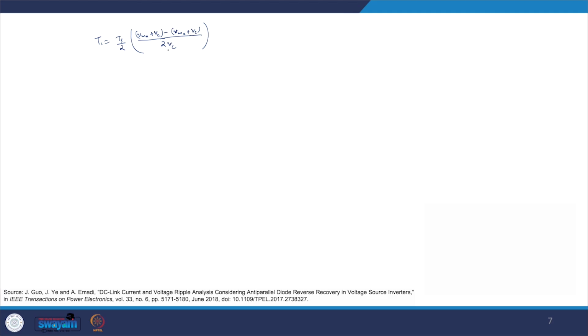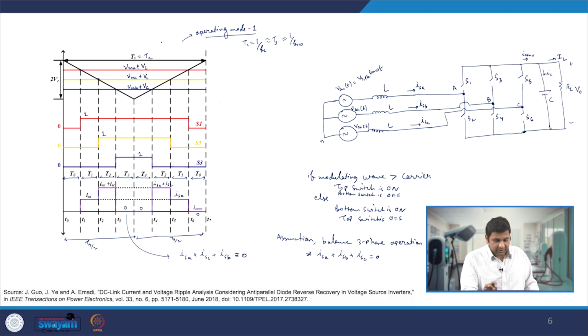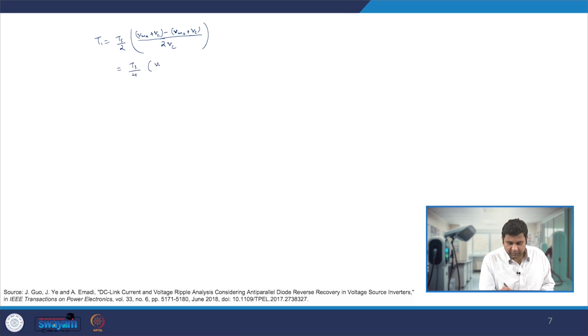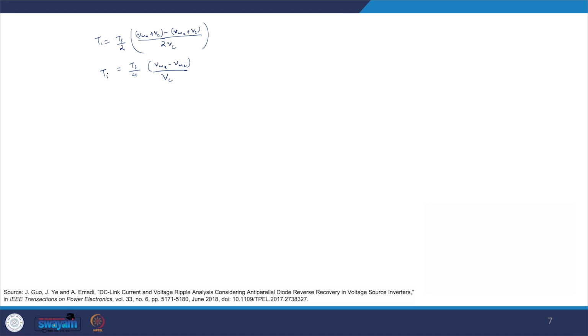So out of this 2 Vc, whenever we are in between these two, we have the duration T1. This corresponds to Ts by 4 times Vma minus Vmc by capital Vc. This is my T1 value.